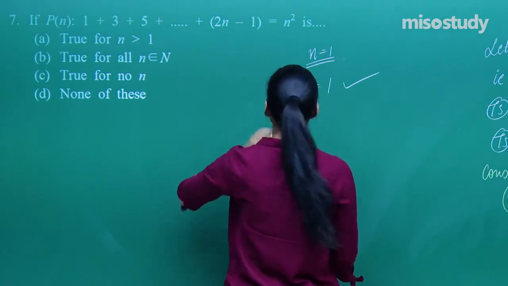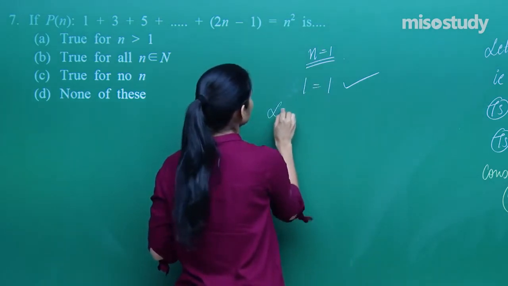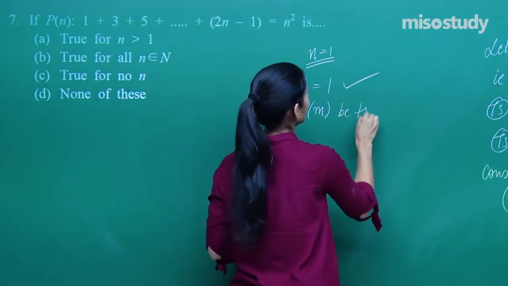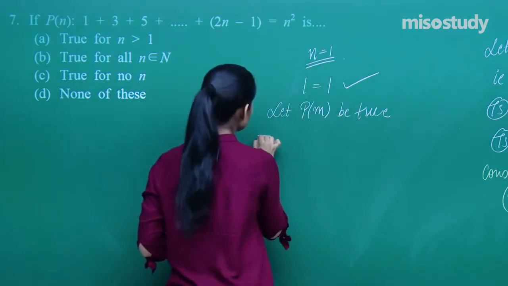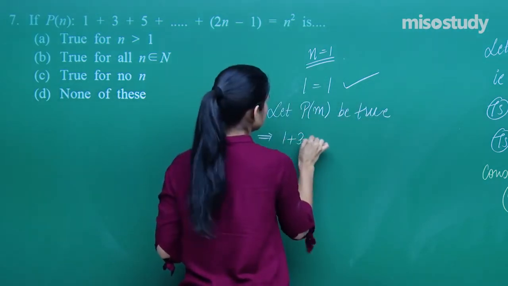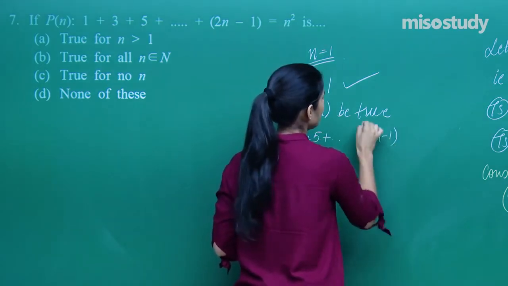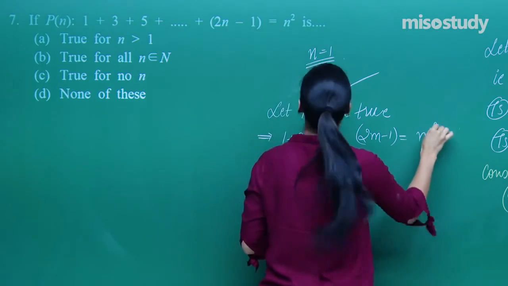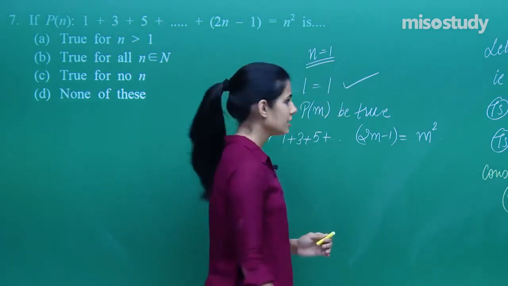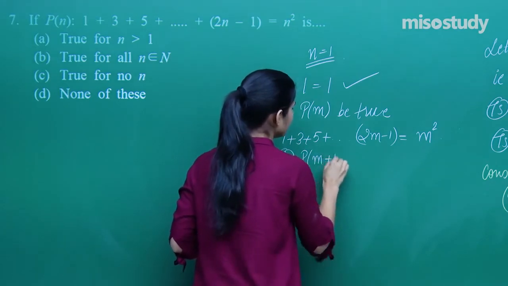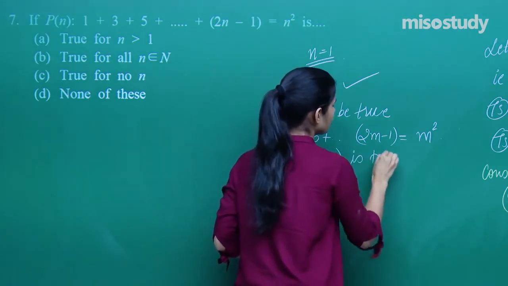In here, let it be true for n equals m, let P of m be true. P of m be true means 1 plus 3 plus 5 plus and so on to 2m minus 1, this expression is equal to m square. I have to show P of m plus 1 is true.